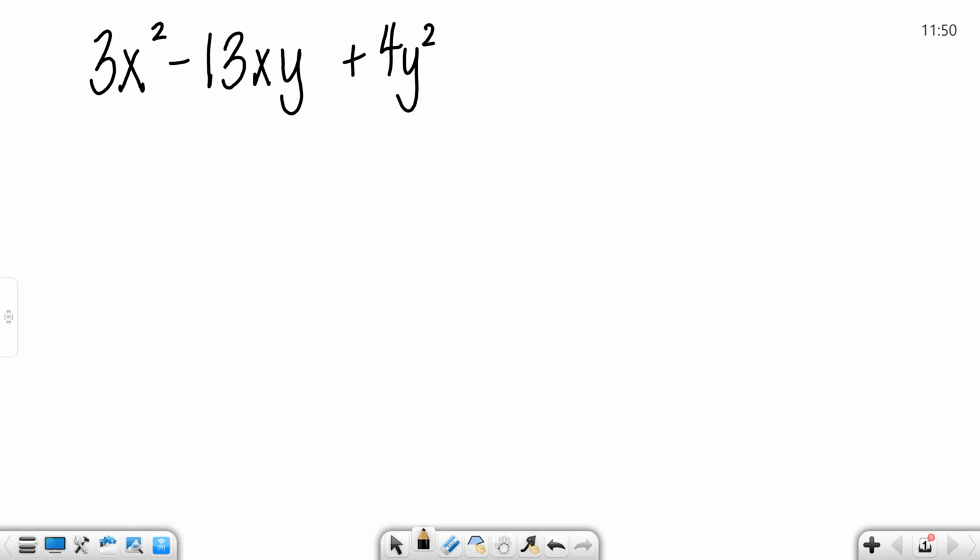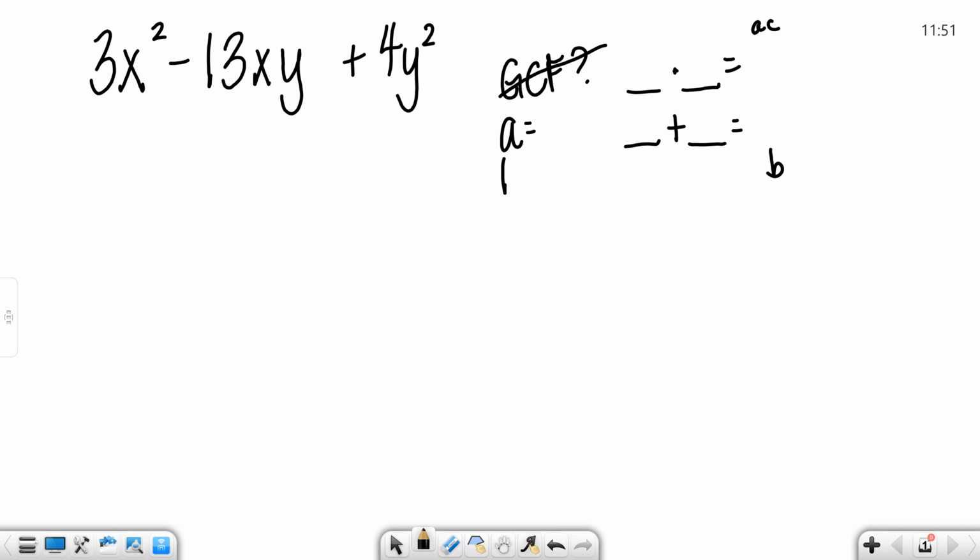All right, looking for our greatest common factor. There's not one. Always have to check for that first. All right, it is a trinomial, so I'm going to try to multiply 2 things to get AC. I'm going to add 2 things to get B. So I need to know what are A, B, and C. All right, my variable here is x squared.